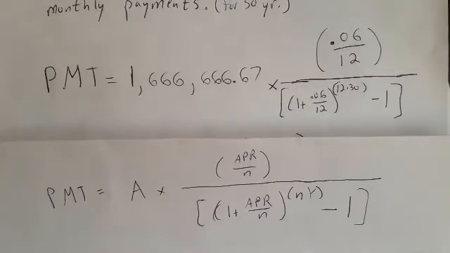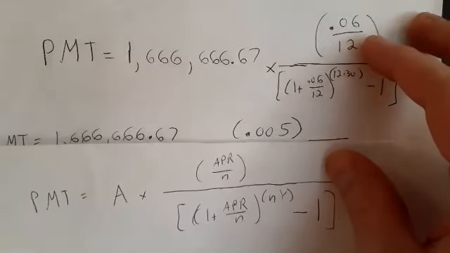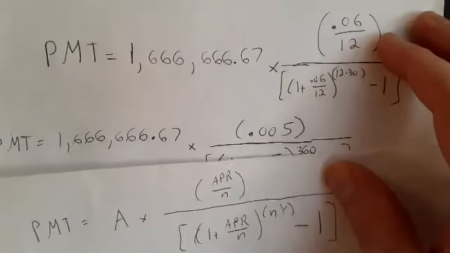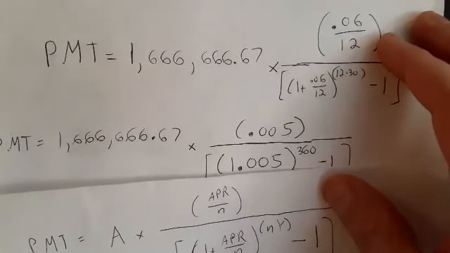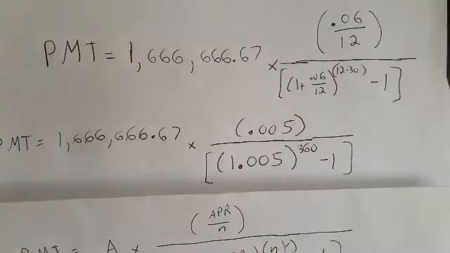Okay. The first thing we can do is parentheses. If we do 0.06 divided by 12, I think that's going to give us an even 0.005. So we have 0.005 on top. We have 1 plus the 0.005. We have 12 times 30, which gives me 360. So I can do the things inside those three parentheses first.